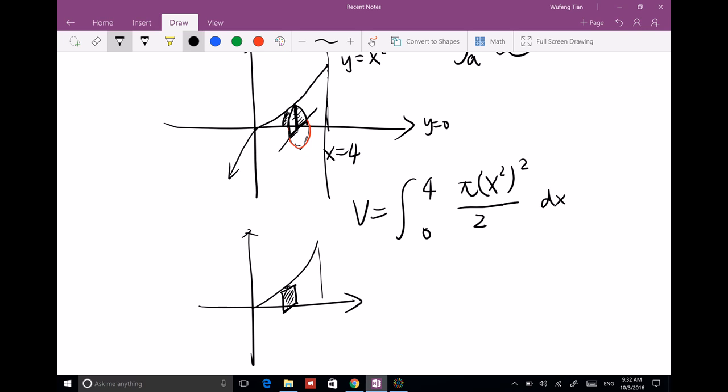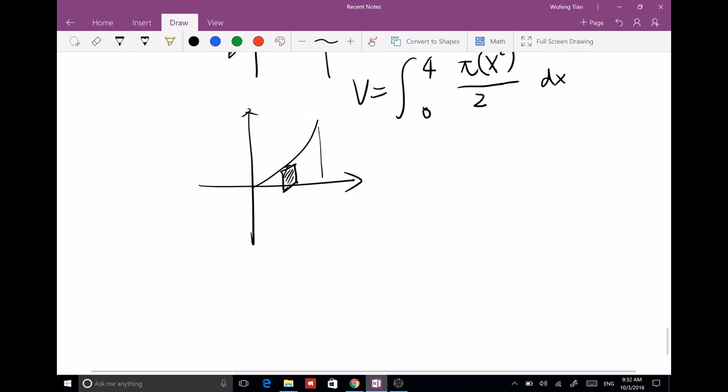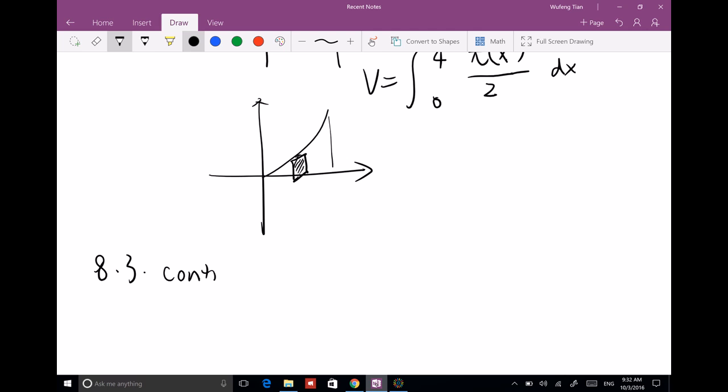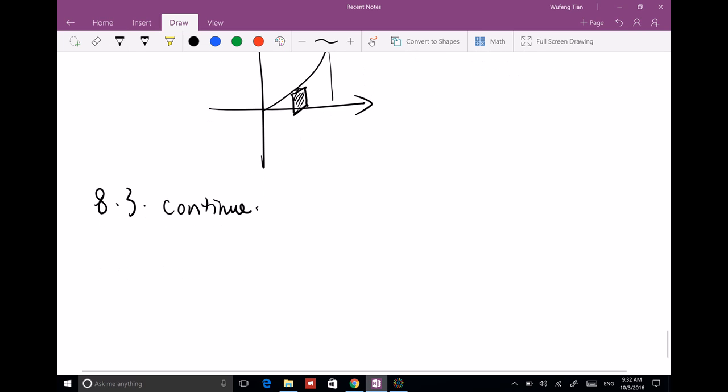So now let's continue on the trigonometry, section 8.3. We did sine and cosine in the previous class. Now we're going to look at some problems with tangent and cotangent.